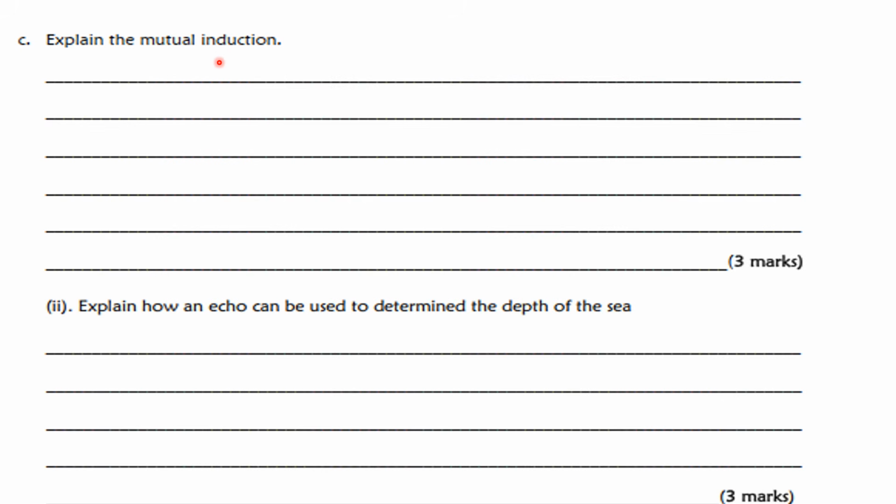I'm sure you recall that mutual induction is basically the process where a change in the current flowing through one coil creates or induces an electromotive force, EMF, or voltage in a nearby separate coil due to the magnetic field linking between the two of them.